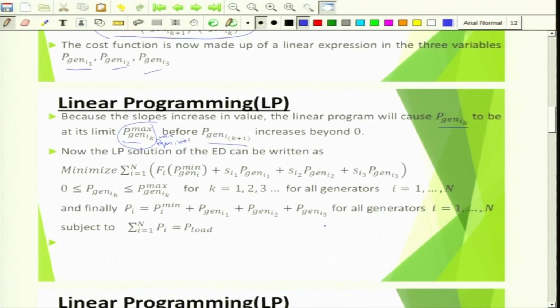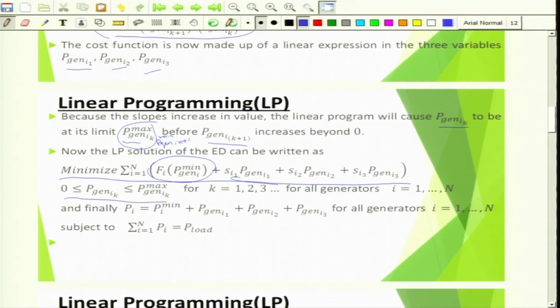Now, the linear programming solution of the economic dispatch can be written as, now this is the objective function, you have to minimize the total fuel cost of all the generators from I is equal to 1 to n, which is the same as the fuel cost happening at the minimum generation plus the total fuel cost happening at the different segments, and this is the condition.